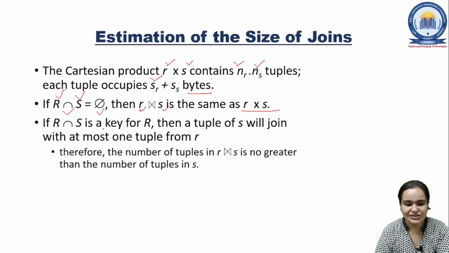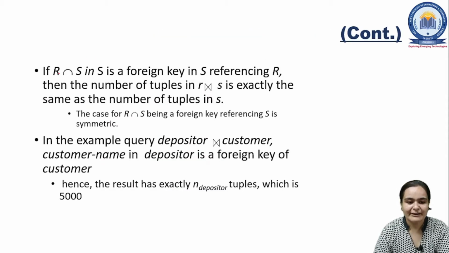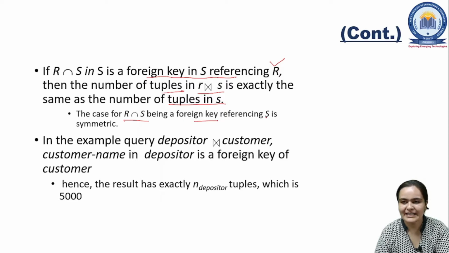If the intersection is a key for R, then a tuple of S will join with at most one tuple from R. So the number of tuples in R join S is not greater than the number of tuples in S. If the intersection is a foreign key in S referring to R, then the number of tuples in the join of R and S is exactly the same as the number of tuples in S. The case where the intersection is a foreign key referencing S is symmetric.